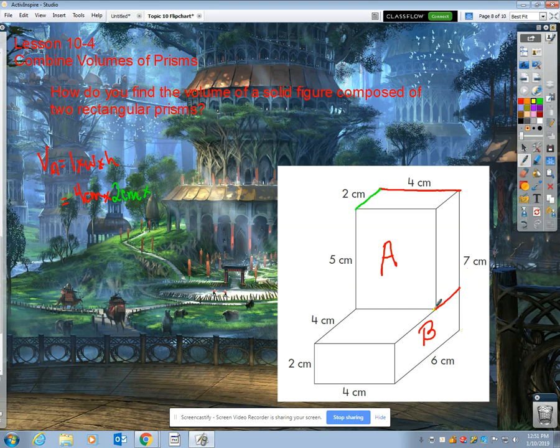My line only goes from here to here. That's it, which gives me this line right there, which is 5 centimeters. So we're going to do times 5 centimeters.